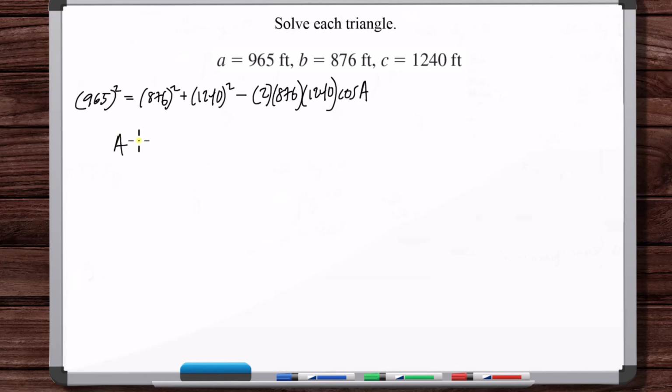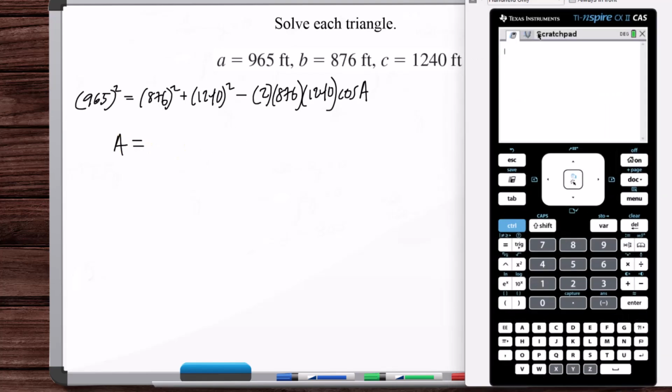Okay, so we've got 876 squared plus 1240 squared minus 965 squared. So we subtract 965 squared from both sides, and then we're adding this to both sides. So that's one side of the equation.